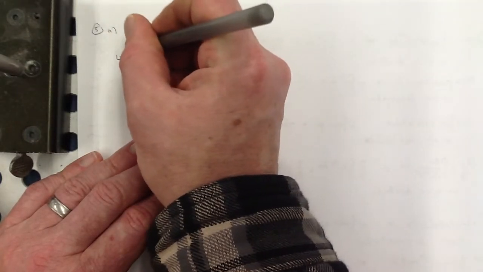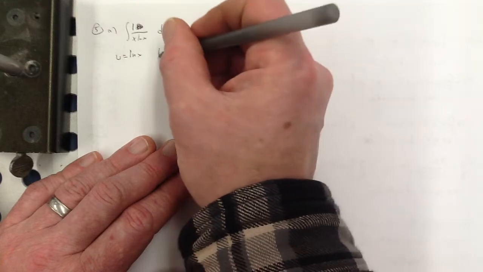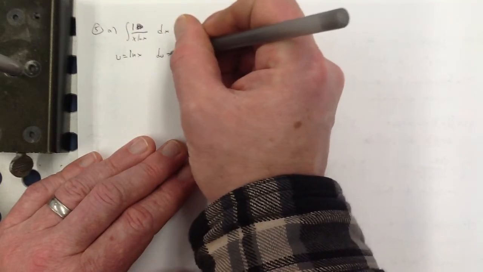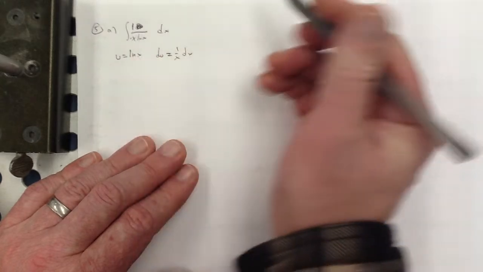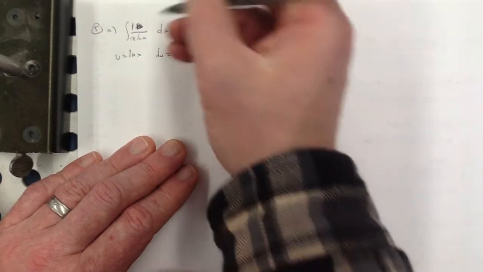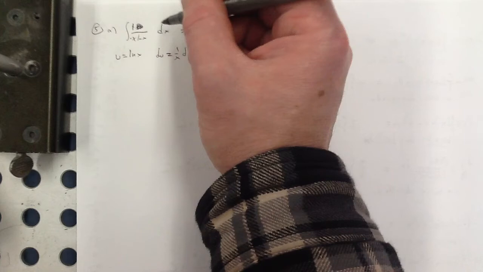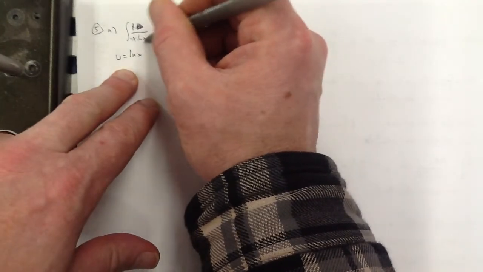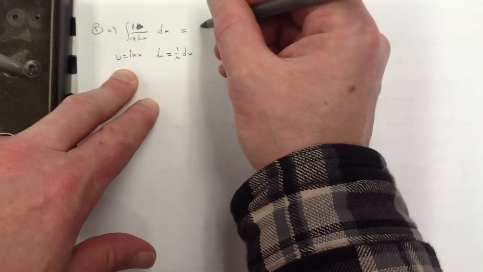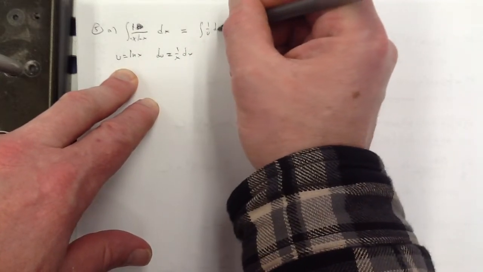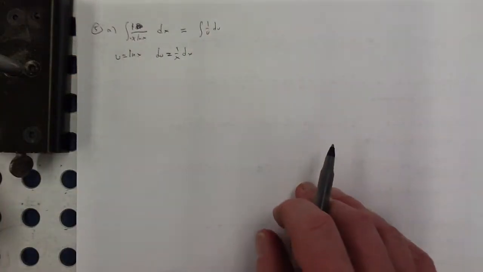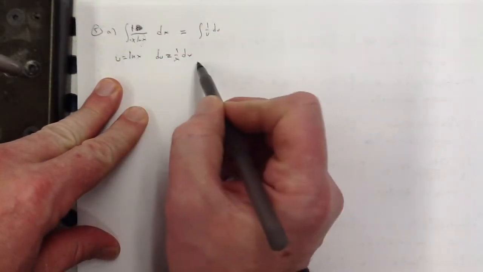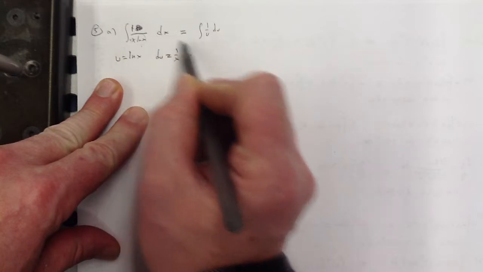So u is equal to natural log x, so du, the derivative of natural log, is 1 over x dx. So I've got the 1 over x dx, and after the 1 over x dx is gone, then it looks like I have a natural log on the bottom, so that's 1 over u du, after I swap everything out, right? There's the u there, and the du is 1 over x dx.